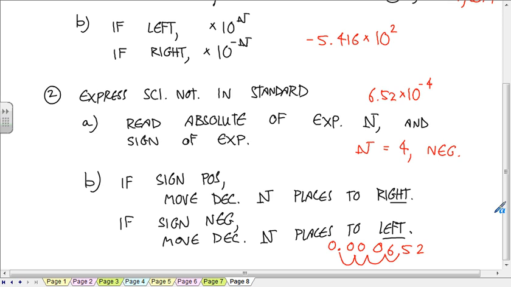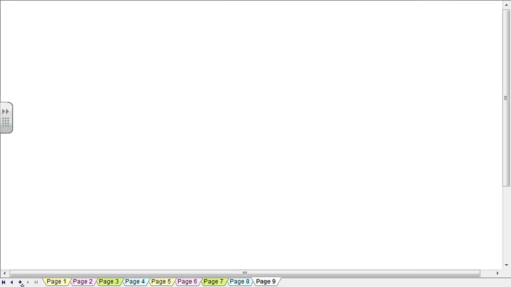One thing that you should keep in mind, and I guess this is the last thing I'll say: you need to be careful using standard notation when you have really tiny numbers.